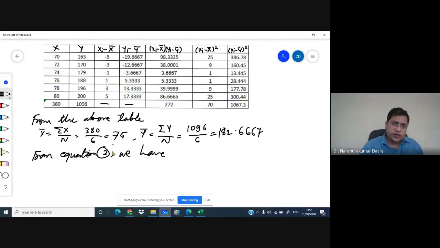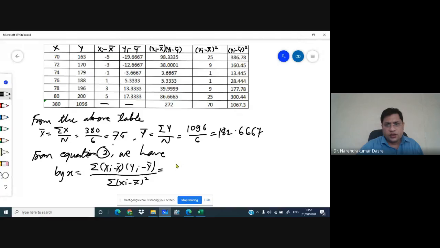So we first evaluate equation 2, and hence byx is equal to summation xi minus x bar, yi minus y bar, over summation xi minus x bar square. So this is going to be 272 by 70.